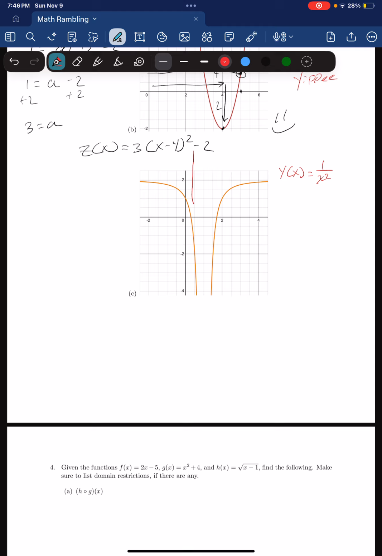Normally looks something like that, right? Where we have a horizontal asymptote at 0, y equals 0, and a vertical asymptote at x equals 0.